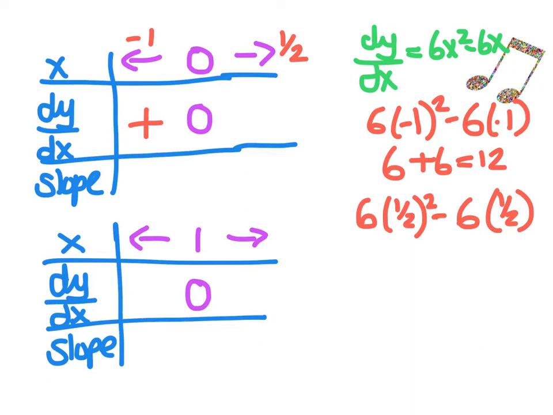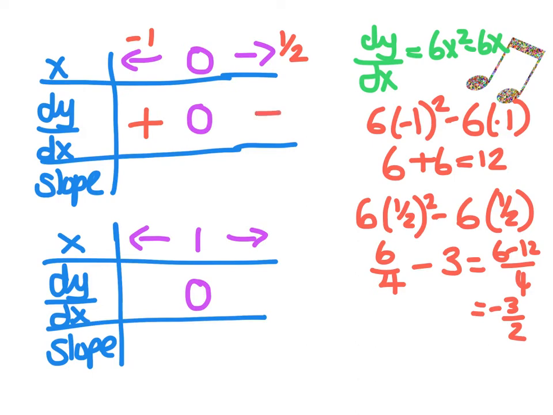Now 1/2 squared is a quarter, so that's 6 quarters minus 3, which is 12 quarters, so that's 6 minus 12 quarters, which is -6 quarters or -3/2. So I've got a negative value there.